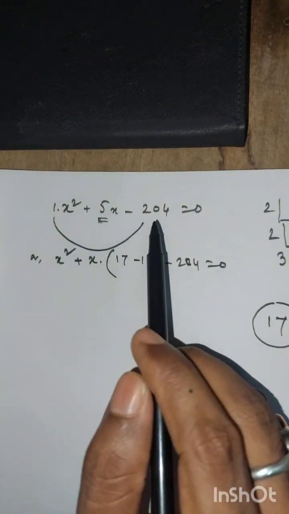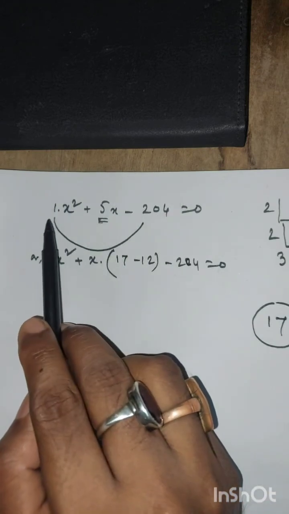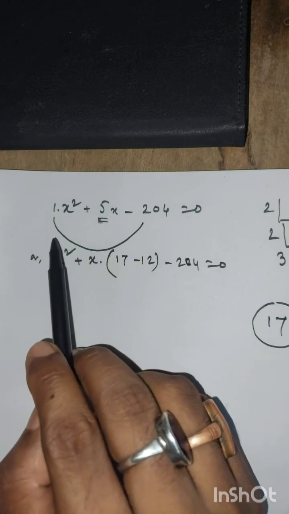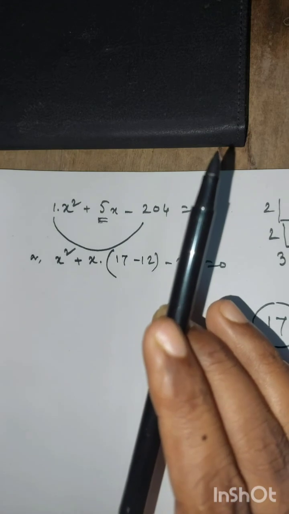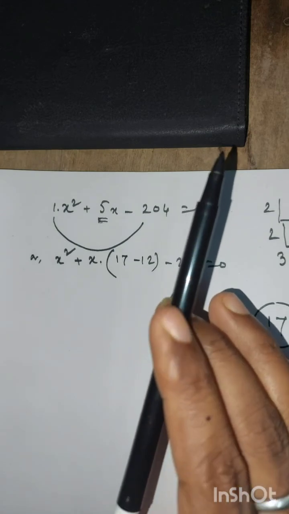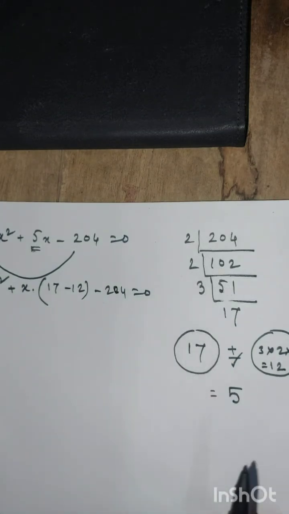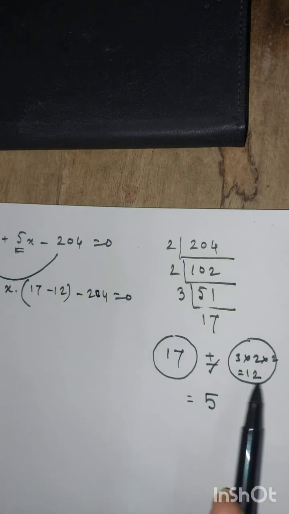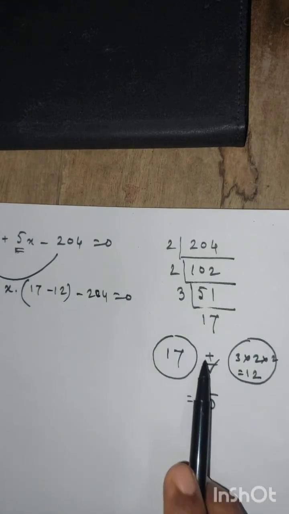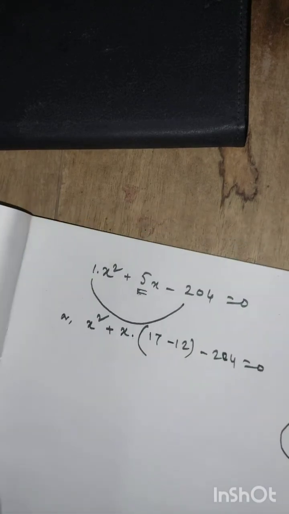So for middle term factorization, we first multiply the constant with the coefficient of x square, and whatever the product is, we do prime factorization of that number like this, and we get prime factors of that number. Now we make two boxes and put plus or minus in between them to get a result which is the coefficient of x.